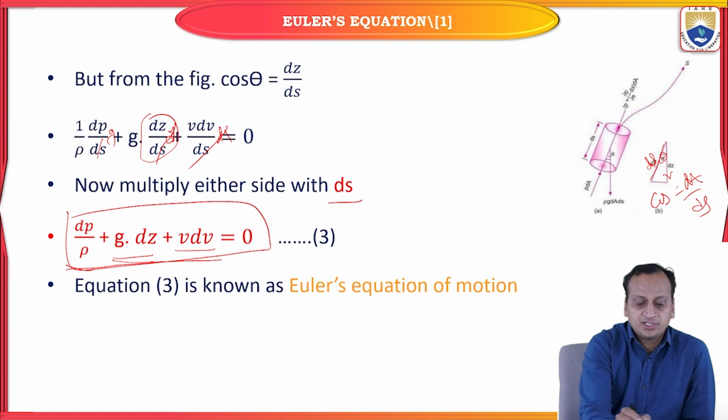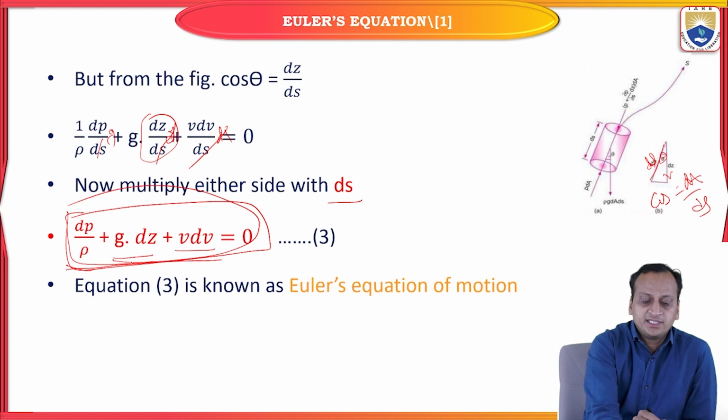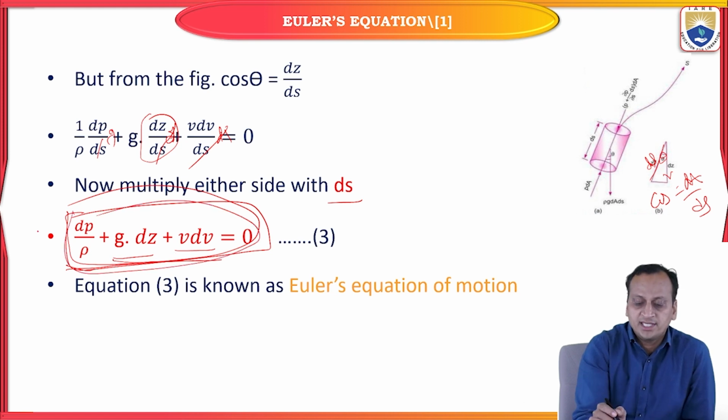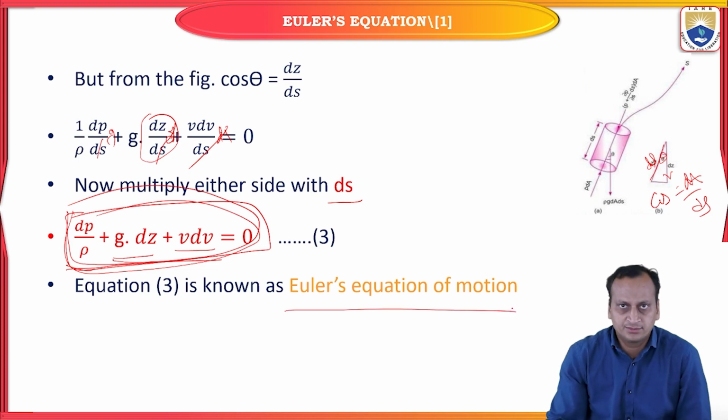Finally, this equation, dp by rho plus g dz plus v dv equals 0, is known as Euler's equation of motion.